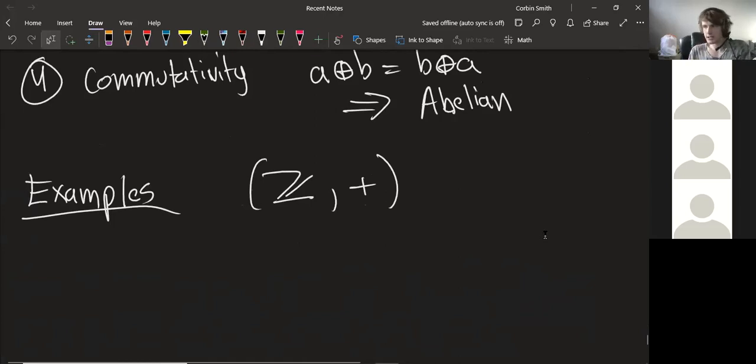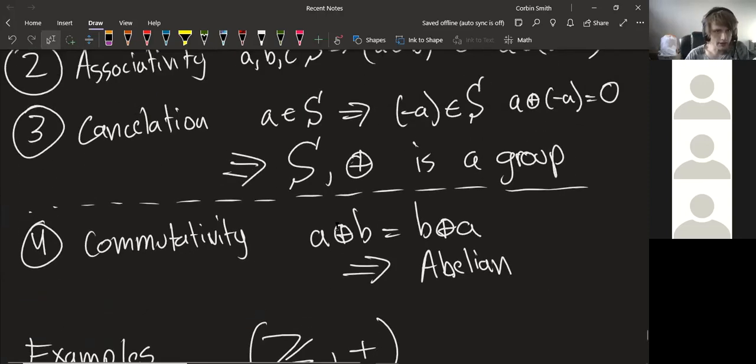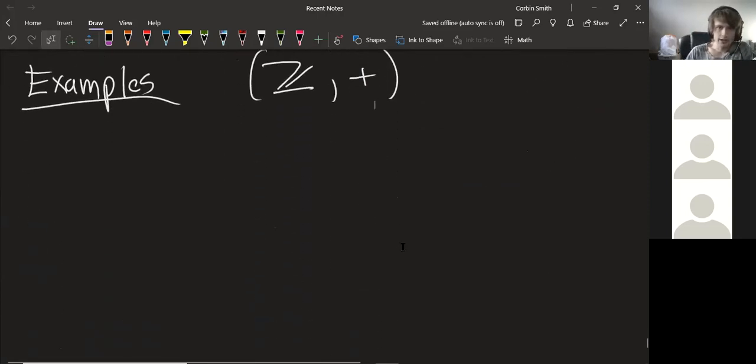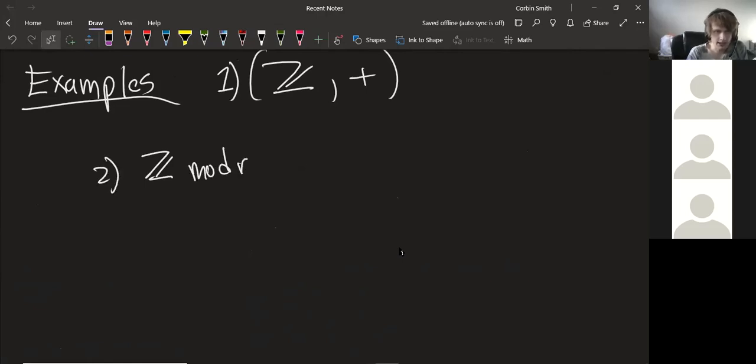So if you weakened this to just the natural numbers, then you would no longer have a group because you would no longer have cancellation occurring. So then we have another example. So this is the first example, I guess. Second example is Z mod N under addition.